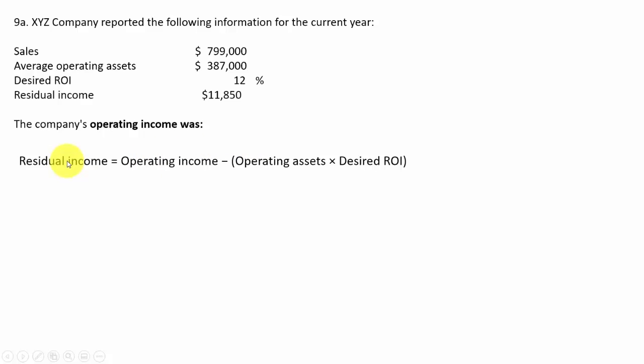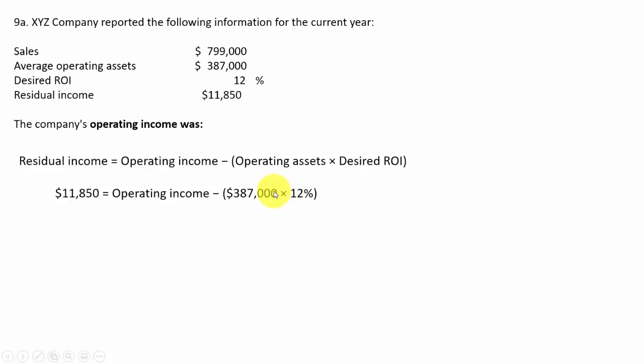So there's residual income that was given to us, $11,850. Operating income, that's what we don't know. We don't know that, but we do know that the 387 with the average operating assets and the 12% was our desired return on investment. So if we multiply 387 times 12%, we'll get that this number is, excuse me, $46,440.